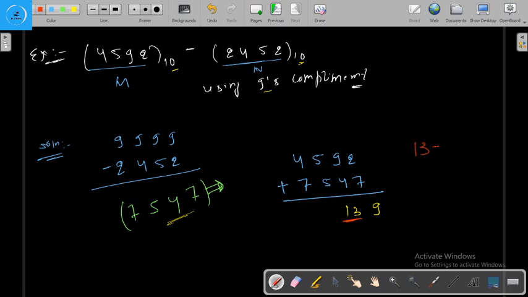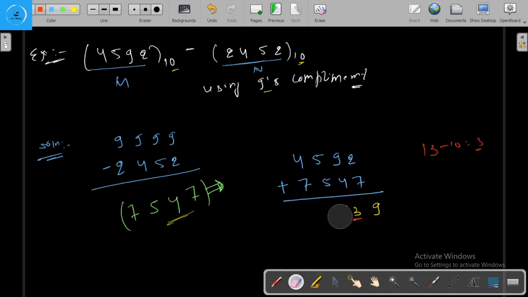So we are going to subtract this given number. So we are going to subtract, okay, 10 from 13, and that we are going to write will be equal to 3.